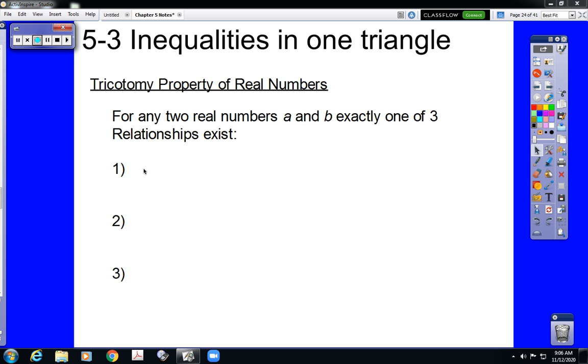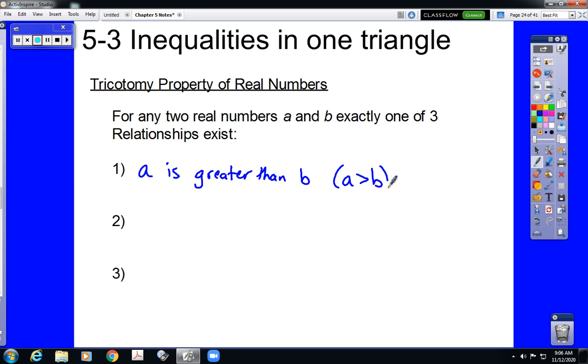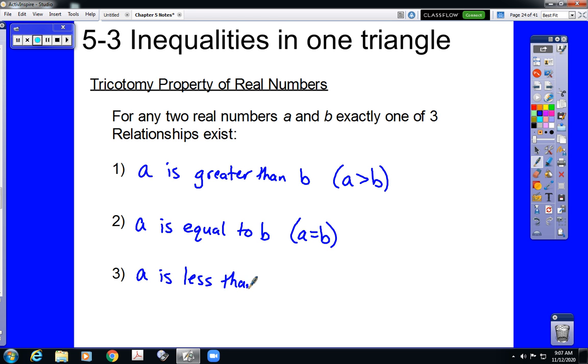Either a is greater than b, a is equal to b, or a is less than b. That can only be one of those three situations. It cannot be two of them at a time.